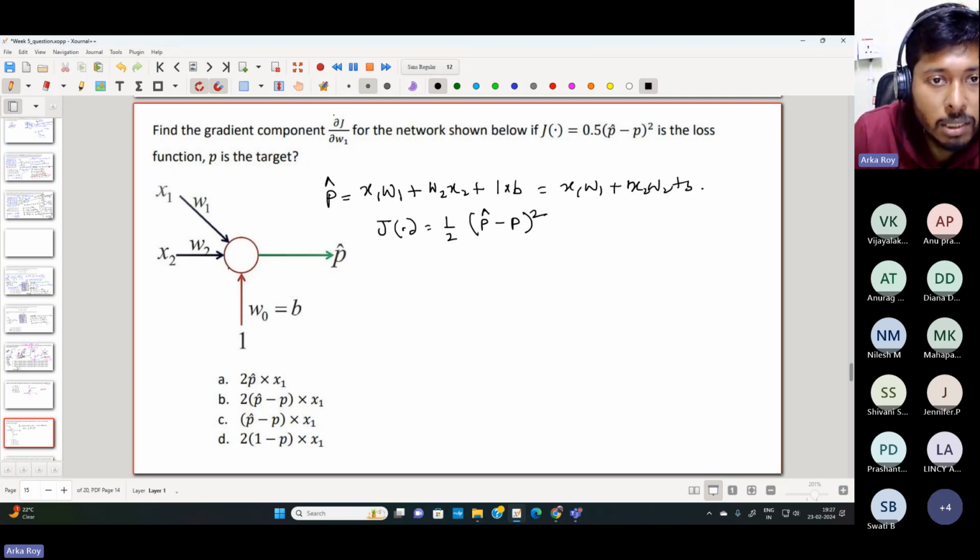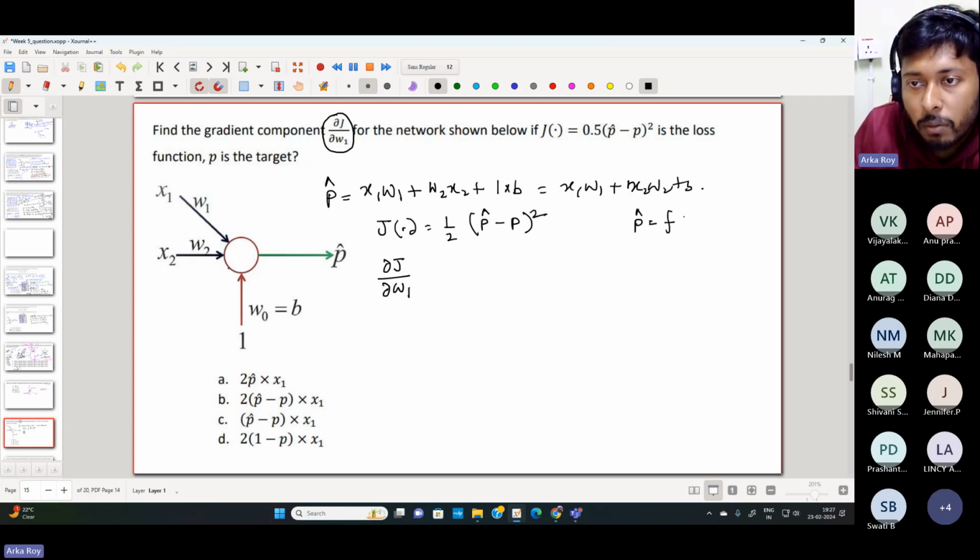Now, the question states that you need to calculate del J divided by del W1. You can see that P hat is a function of W1, W2 and bias.